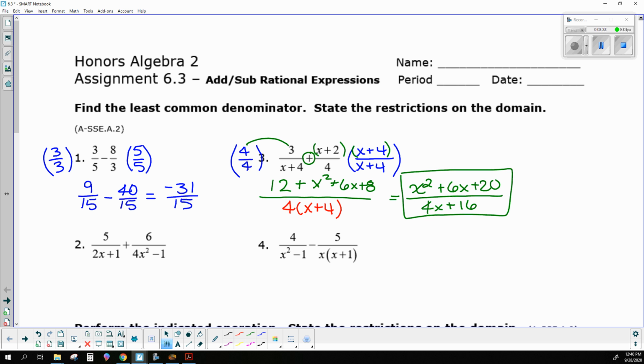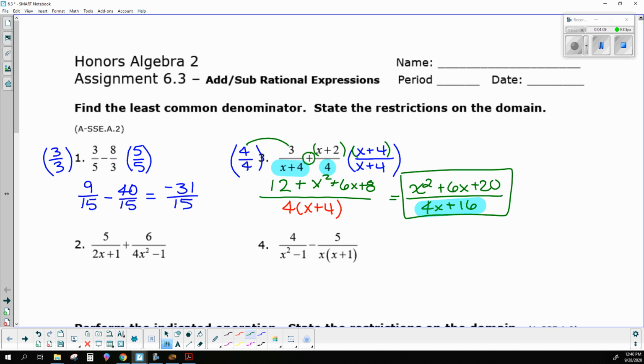Now state the restrictions to the domain. Your restrictions to the domain are exactly what you think they are. You look at your denominators, all the way along. Check those denominators to see if there are restrictions.